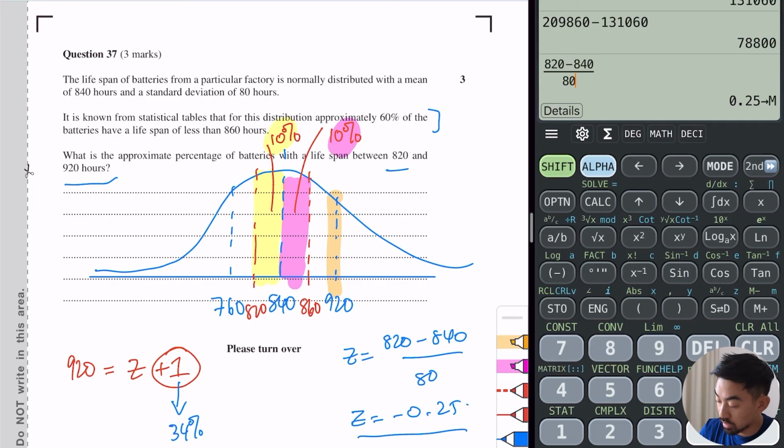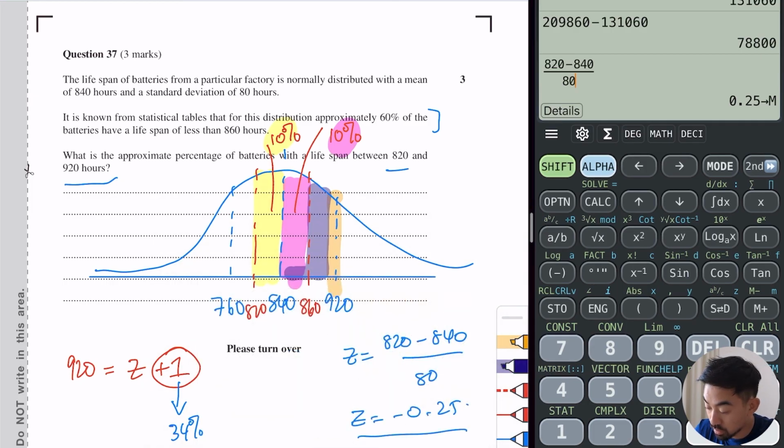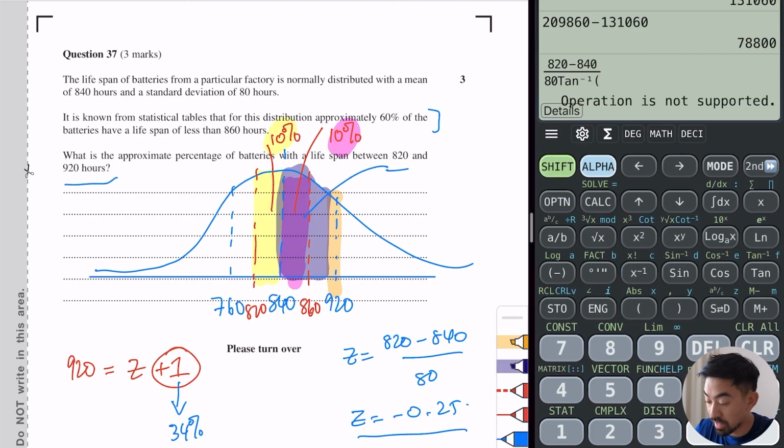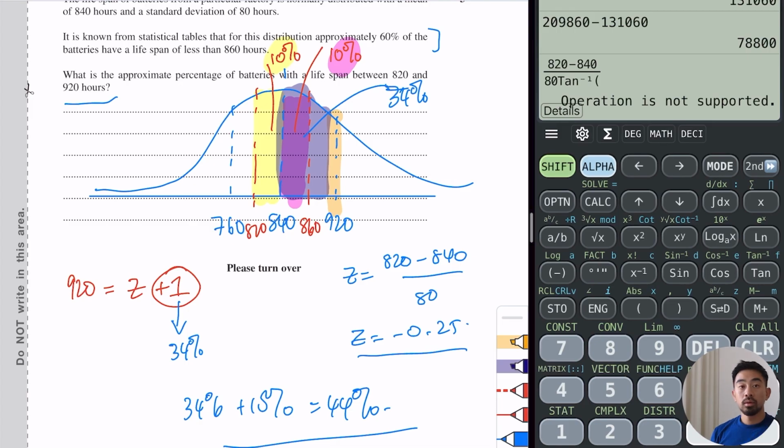So that means all of this here, that there, now I'm going crazy with colors here, that there is 34%. And that there is 10%. So you add those two up, 34 plus 10, that's going to be 44%. Okay.